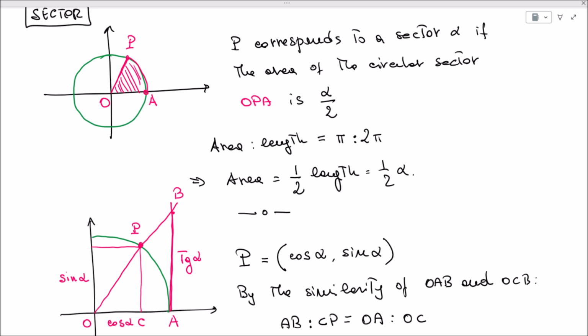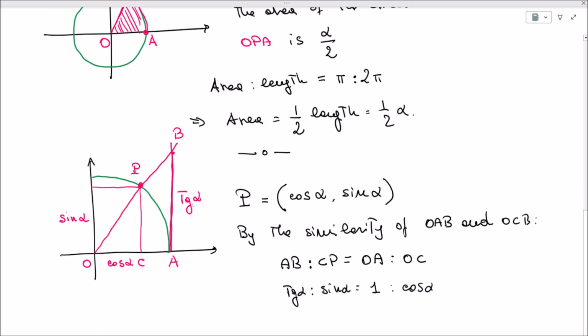But AB by definition is just the tangent of alpha. CP is the sine of alpha. OA is equal to 1 because it's just the radius of the unit circle, and OC is the cosine of alpha, and therefore we have that the tangent of alpha is nothing more than sine of alpha divided by the cosine of alpha.